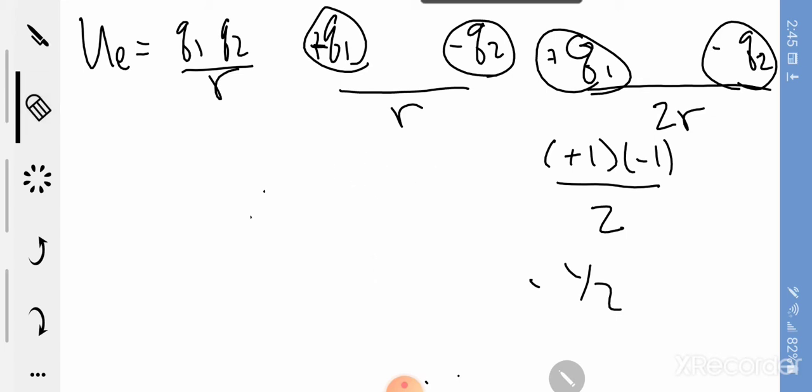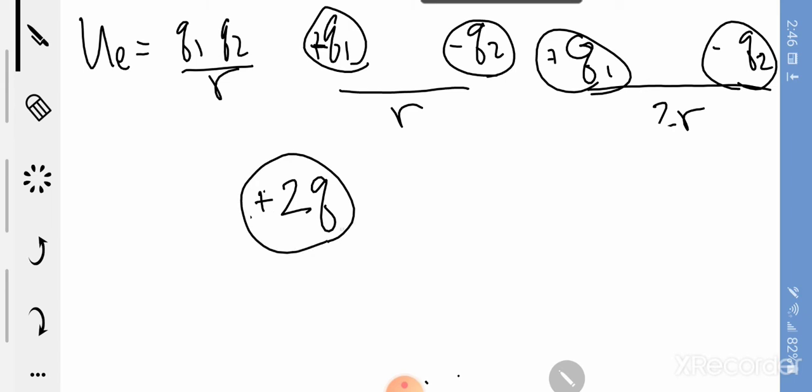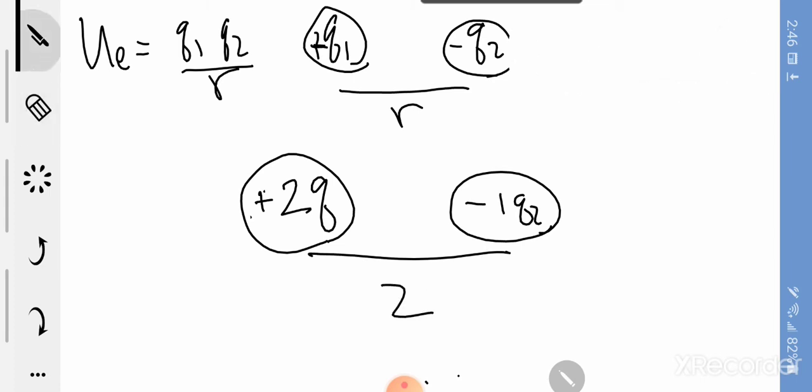However, to think about effective nuclear charge, we're not changing the distance this time, we're changing the charge. So instead of messing with the R, we're going to mess with the Q. So if this time we have 2Q1 versus negative 1Q2, and it's the same distance, we're going to find that UE actually goes up.